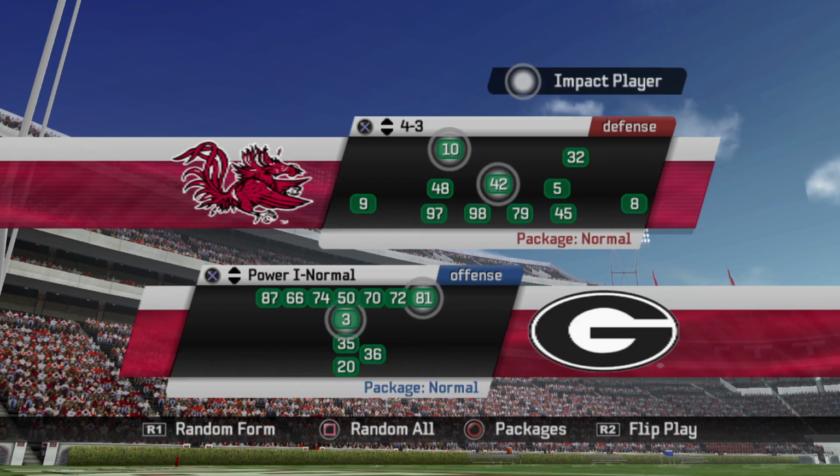So now let's talk about the sub packages first, not the motions. As I said, you've got two fullbacks and a halfback. Next up is your twin halfbacks. This guy gets replaced with your number two halfback. Next up, you've got backup QB. That's obvious. Then you've got jumbo.